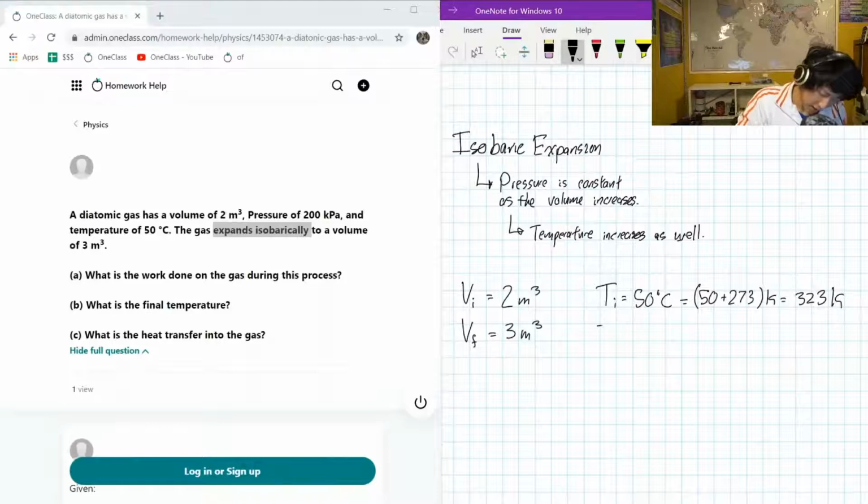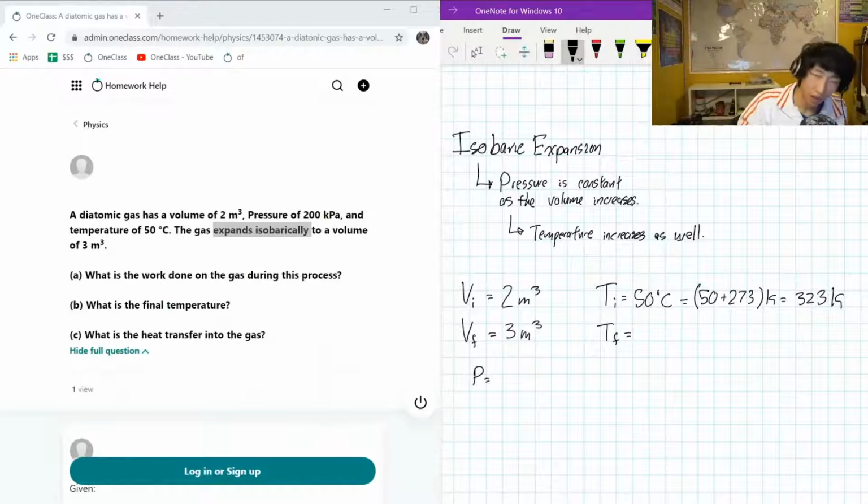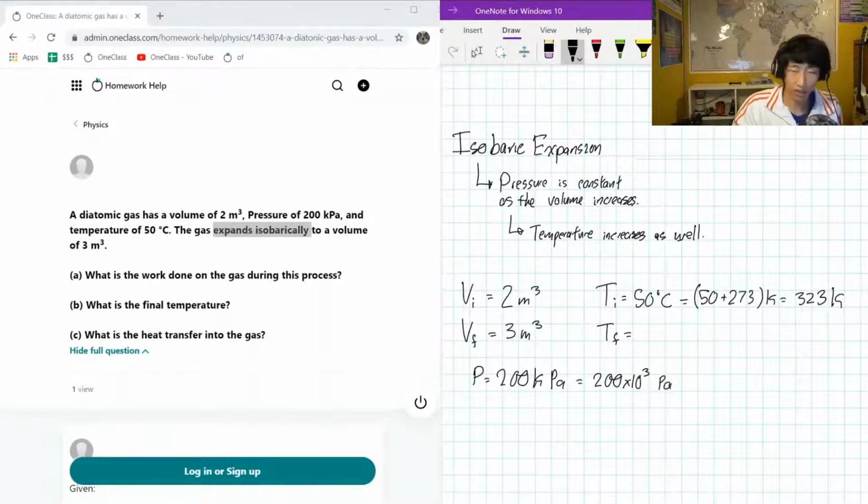And our final temperature, we don't really know that, so we'll probably need to find that eventually. And our pressure is 200 kilopascals, or another way that we can say that is 200 times 10 to the 3 pascals, just to have everything in base SI, which could be useful.